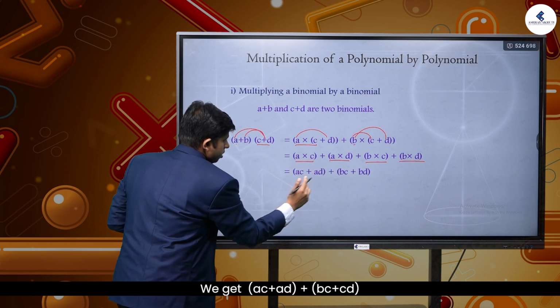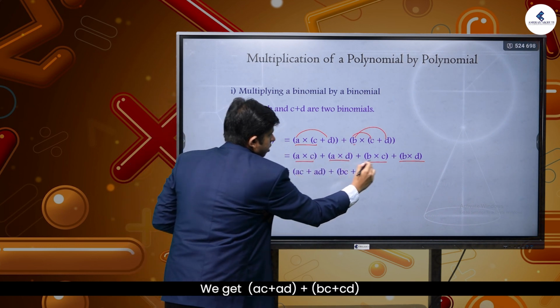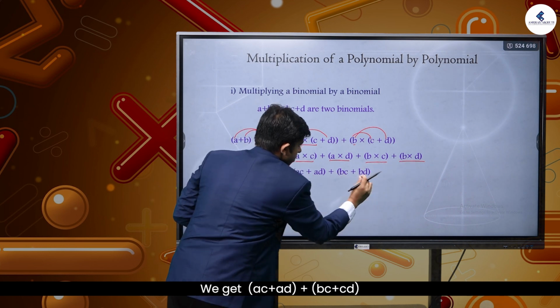Simplifying, we get ac plus ad plus bc plus bd.